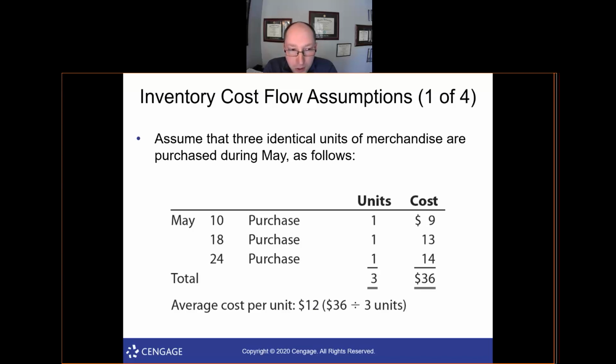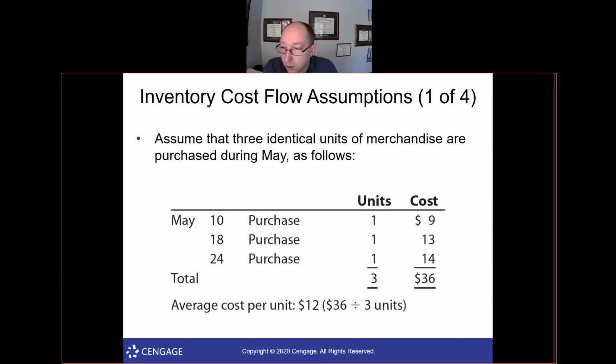The reason you see the cost to us is different each time is because the market price changes regularly. I bought that first coffee mug for $9, the second one for $13, the last one for $14.